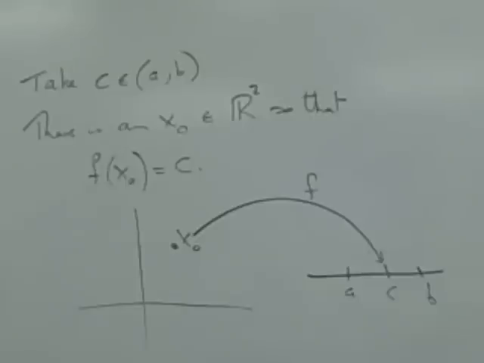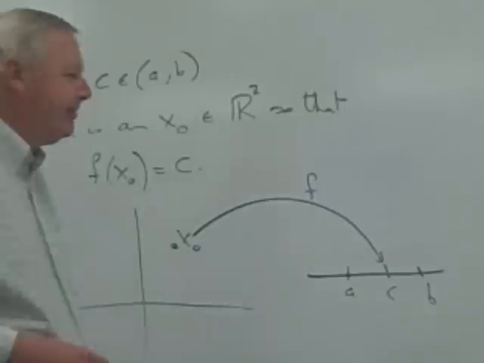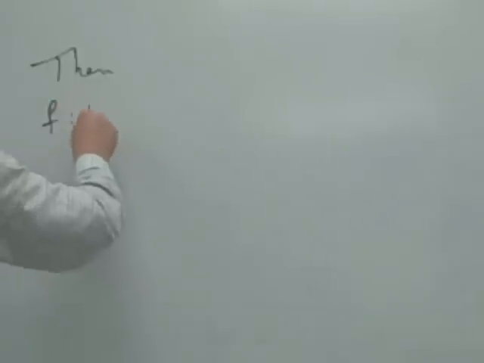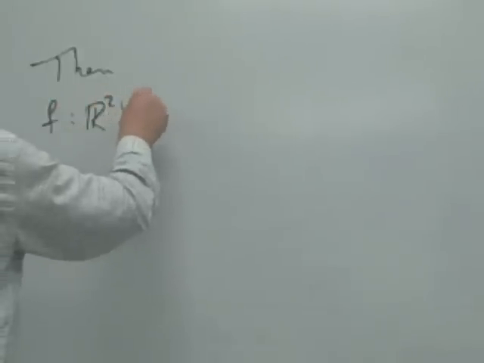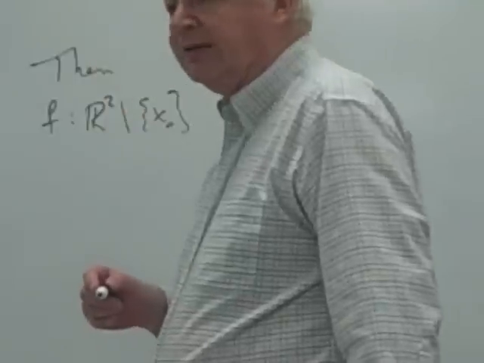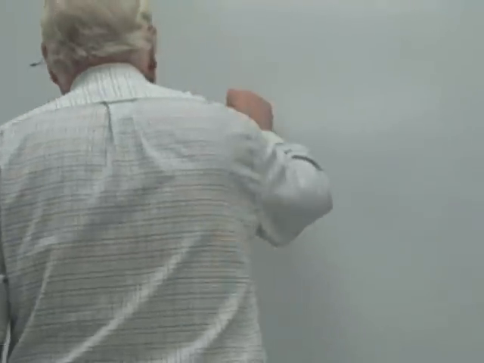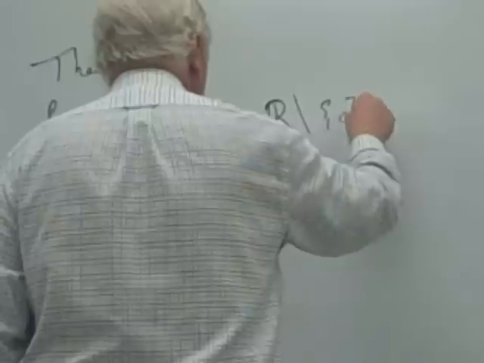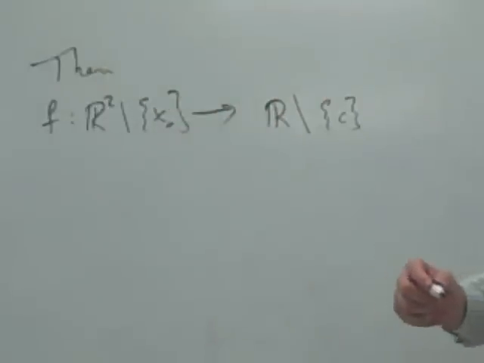Now, to derive a contradiction, let us remove those 2 points, respectively, from R2 and R. So I'll take out the point x0, and that maps to R with C removed.